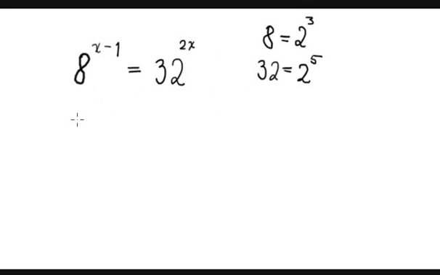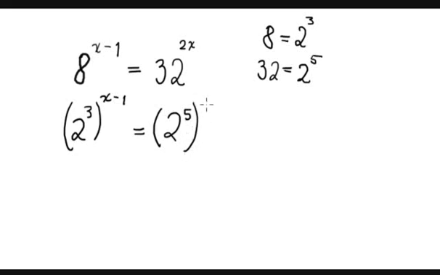Okay, replace this idea here. 2 to the cubic power raised to the x minus 1 is equal to 2 to the 5th power raised to the 2x. Okay, now multiplication of the exponents. 2 raised to 3 times the x minus 1 expression, the entire expression. That is the reason I put the parentheses. And 5 times 2 is 10. This is 2 raised to the 10x.